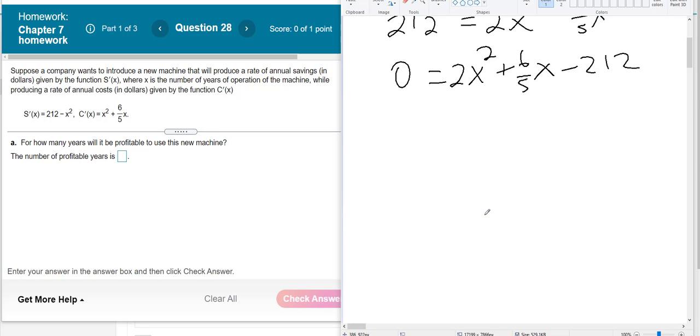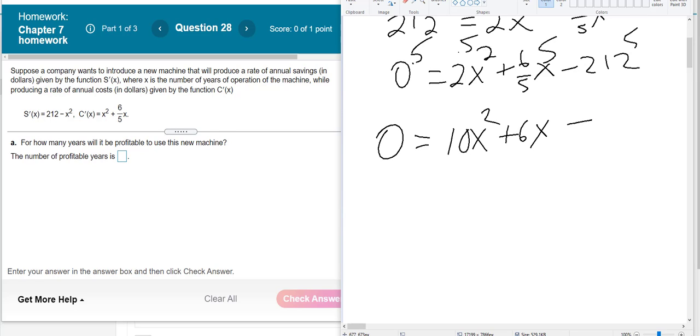Now, I'm going to use the quadratic formula, and I will give you the quadratic formula on the exam if you have a question that requires it. I'm going to multiply everything by 5 first, though, because I do not want to deal with fractions. So 0 is 10x squared plus 6x minus 212 times 5, 1,060. Now, these are big numbers, but you'll have the formula.